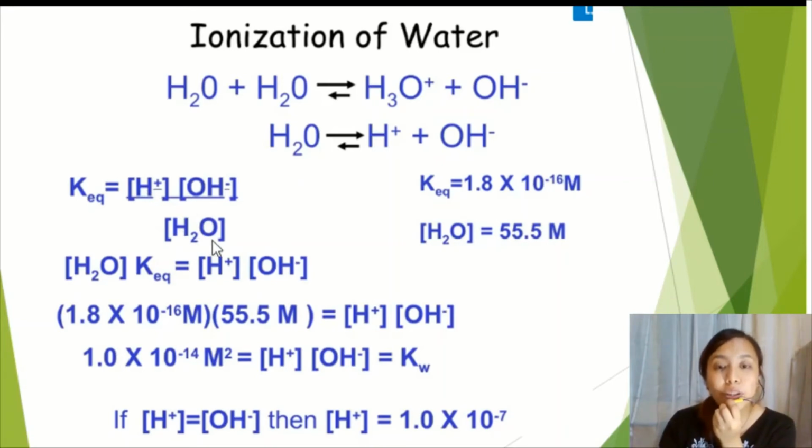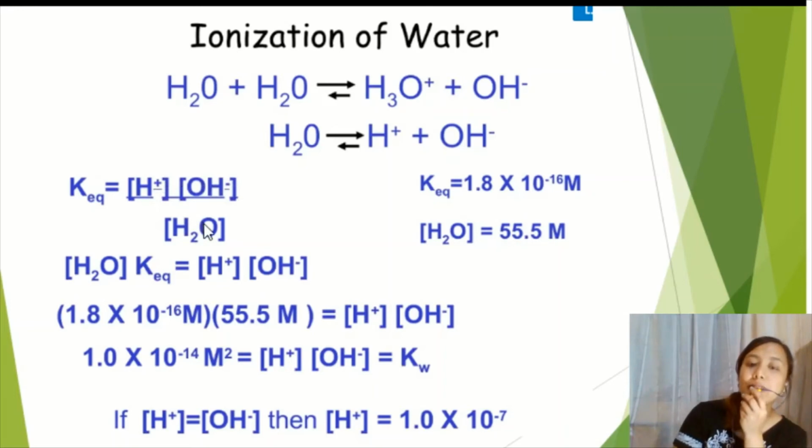Water is the one that self auto-ionizes, so water is your reactant. Always, guys, for any kind of chemical formula, in order to calculate the equilibrium constant, you will just use the equation, which is the product of your products over the reactant. It just so happens that in water, this is how it looks.